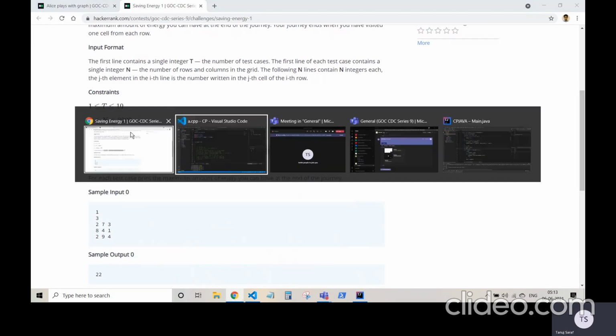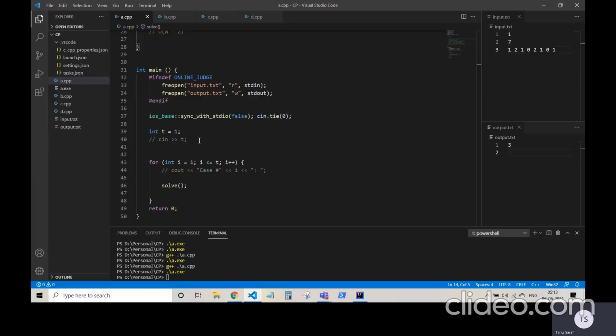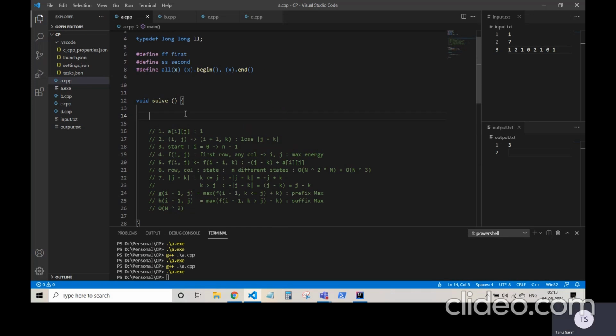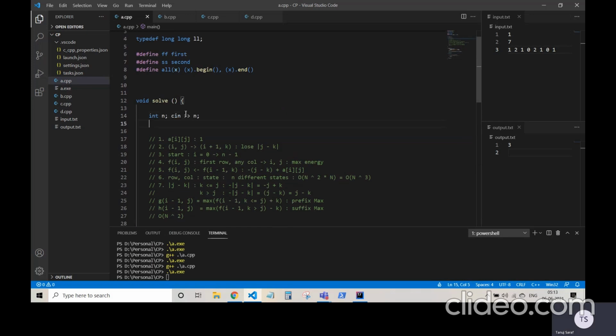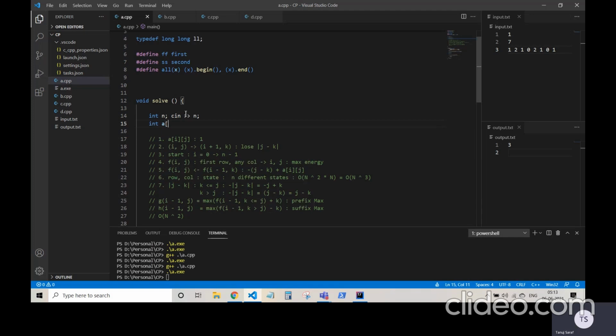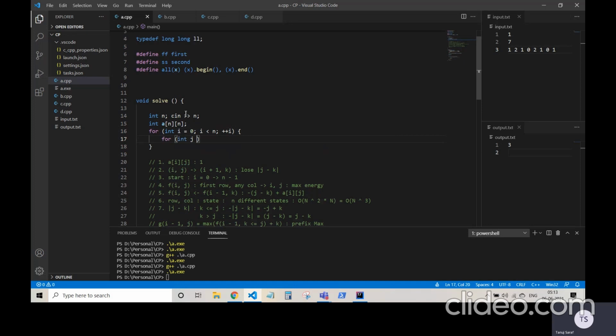We have t test cases, n is 2000, and we have a i j values. We take the count for the test cases and n, and then we need a 2D array for the values of the energy in each cell.